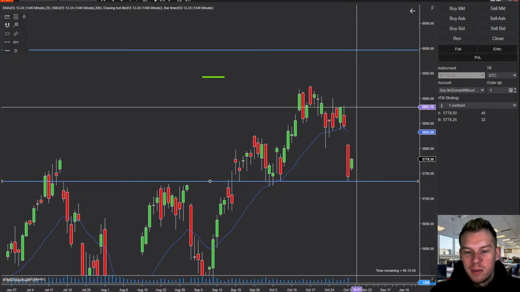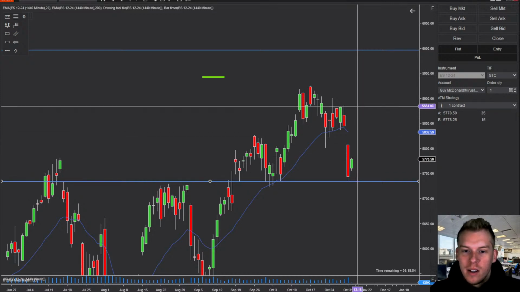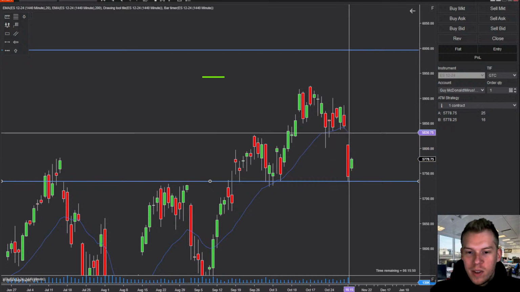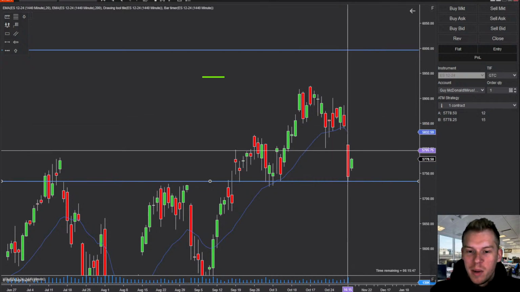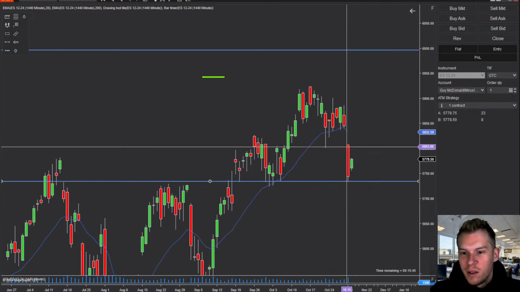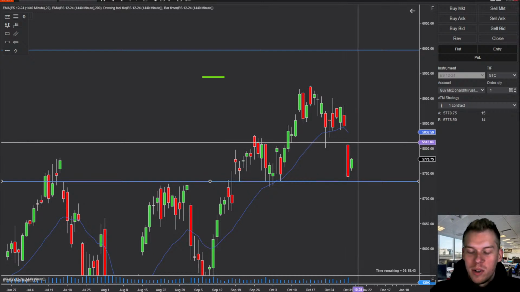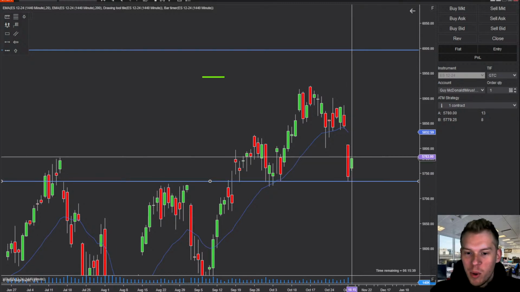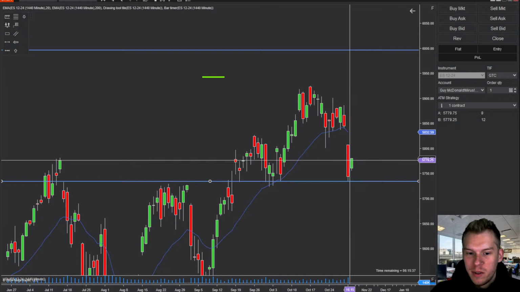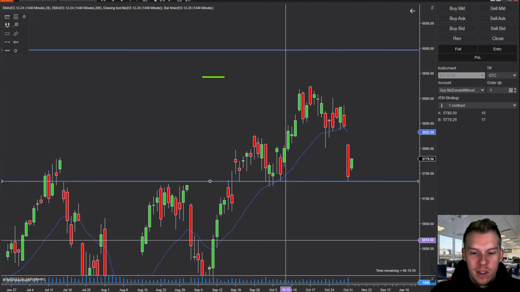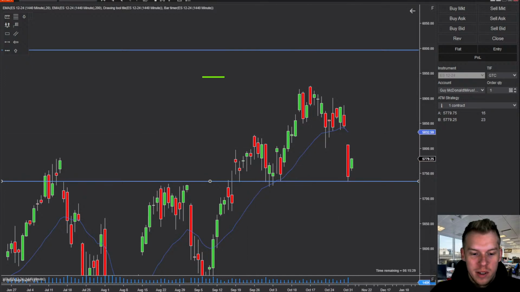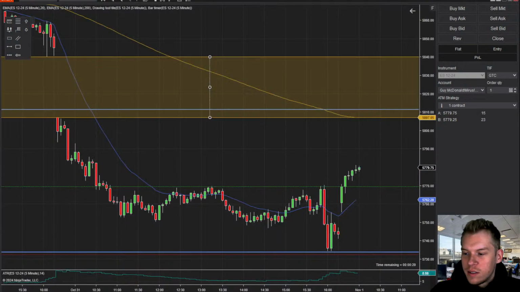That's unlikely to come all the way back, but this is what the big players are thinking about on Friday. They're saying, what can we do to impact the close of the weekly bar? Because that'll be important for their positions going forward in the next few weeks. So bears are looking to sell off, and bulls are trying to create a tail on the bottom of the weekly.